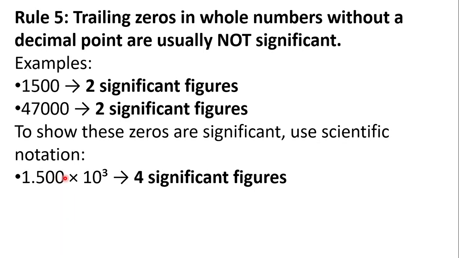So we have made these zeros significant. A number that initially had two significant figures, 1 and 5, now has four significant figures. The moment you write the number in standard scientific notation, the number of significant figures changes.